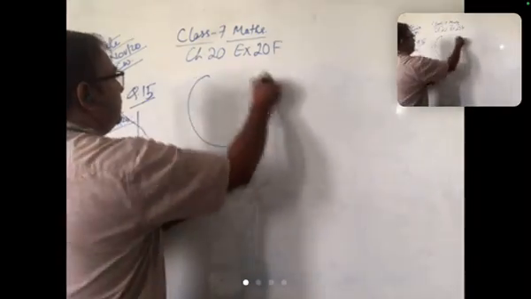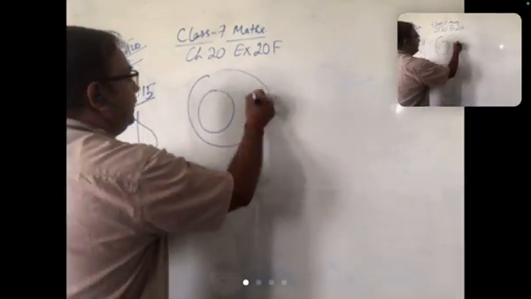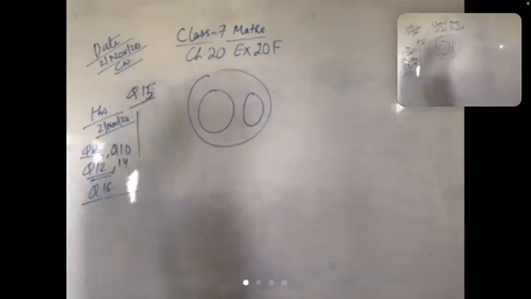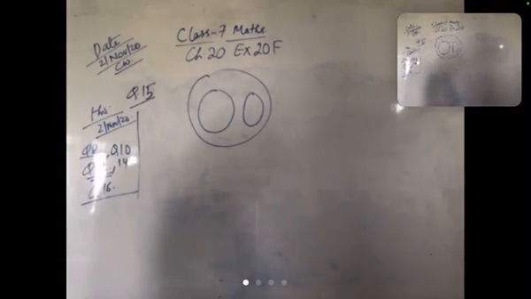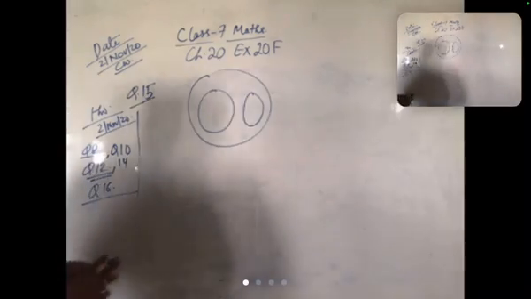There is a circle and there are two circles within this circle, and the figure is like this.